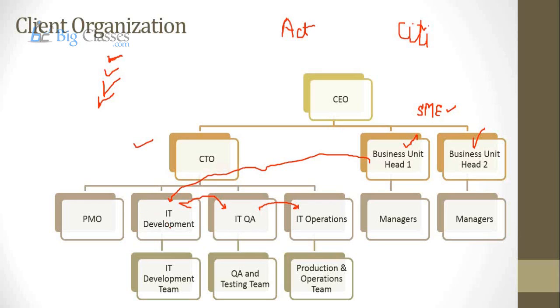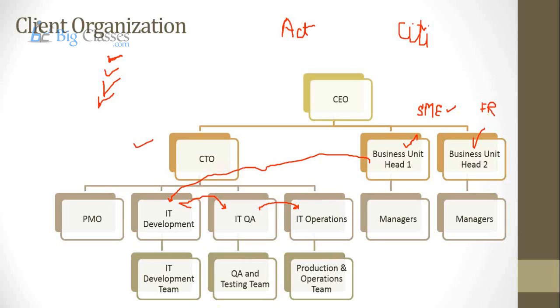Okay. Then there would be representation from the development team, the QA team, and the ops team, which will give their requirements. All these are considered non-functional requirements, or we use this term NFR. Okay. So from the business you'll get the functional requirements, and from the IT team you'll get the non-functional requirements.